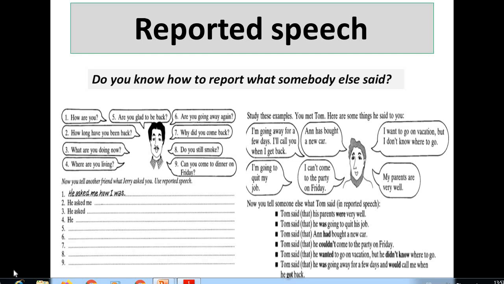So at that time you start to report what your friend told you. So you tell your mom what your friend told you. That's what we mean by a report. We report what somebody else told you to another person.